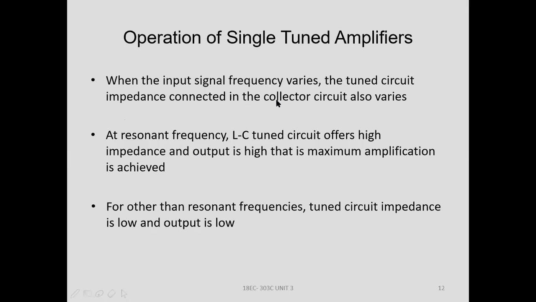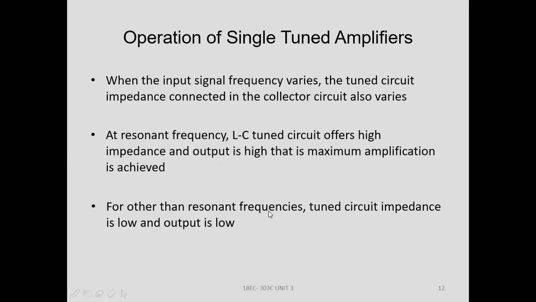At resonant frequency, the circuit offers high impedance, and high impedance means the output is high. That is, maximum amplification is achieved. Output is high means the applied signal is amplified.